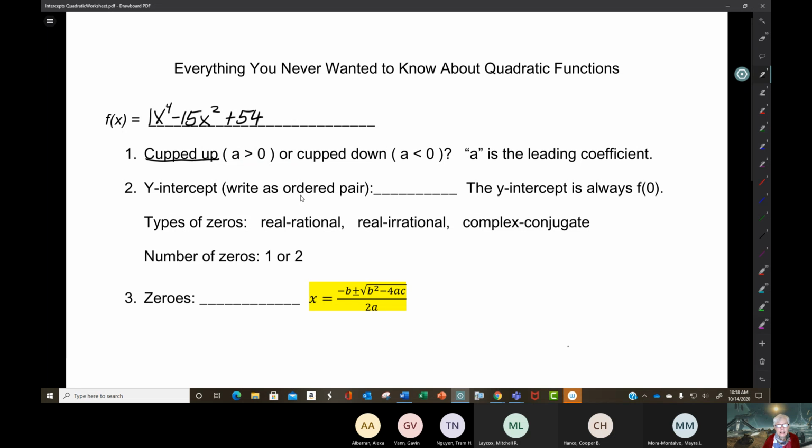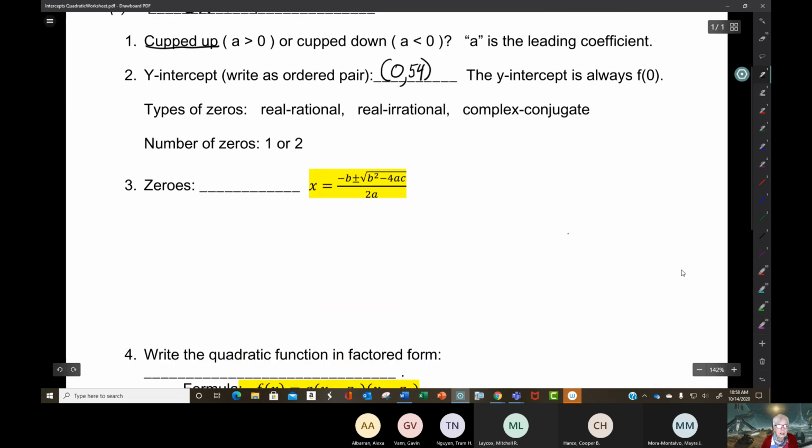Okay, the y-intercept, right, is an ordered pair. That was 0, 54. And the types of zeros. Well, they were real rational and real irrational. And there weren't 1 or 2, which is what you usually get. But no, this was a quartic, so there were 4 zeros.